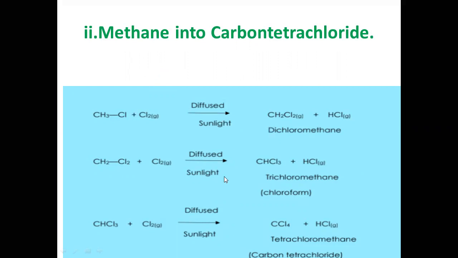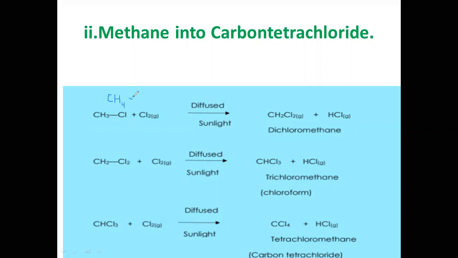Diffused sunlight is the compulsion or the condition, because if you remember, I told you that conversion of methane at direct sunlight, the products are different, and in diffused sunlight, the products are different. So like the first step of conversion of methane into carbon tetrachloride. Tetrachloride means having four chlorine atoms.